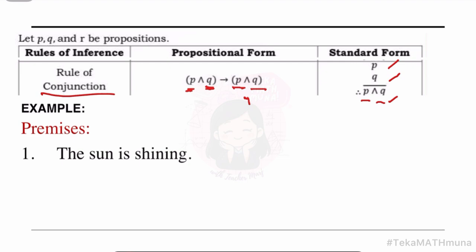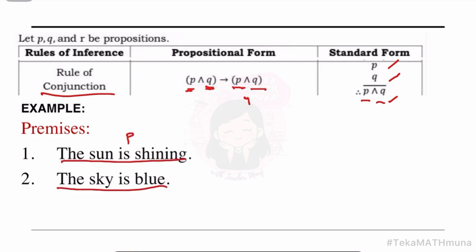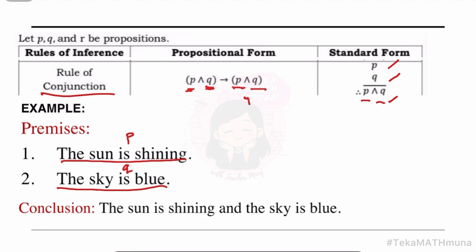That is the first premise. The sky is blue. So the sun is shining, that is proposition P. The sky is blue, that is proposition Q. So the conclusion will be the sun is shining and the sky is blue, with logical connector AND. And that is the rule of conjunction.